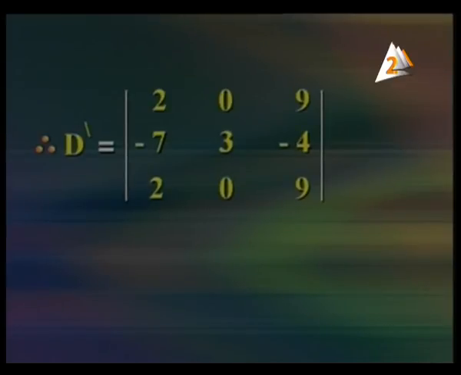Look, the first and third rows are the same in elements: 2, 0, 9 in the first row and 2, 0, 9 in the third row. The answer is 0. Why? Because if we have two rows with all elements the same, the value of the determinant equals 0, the second property, since R1 equals R3.